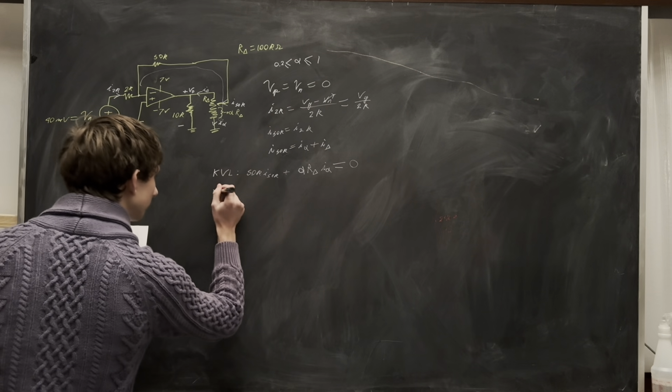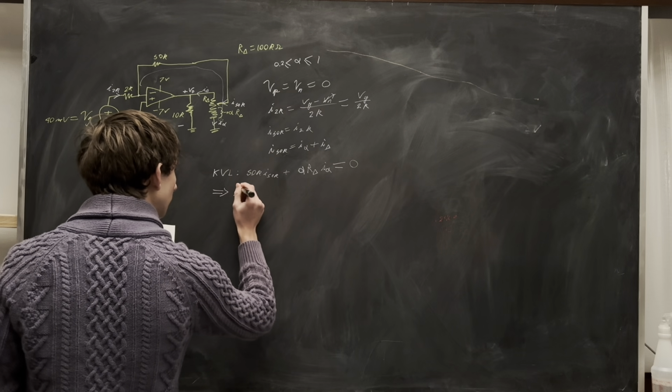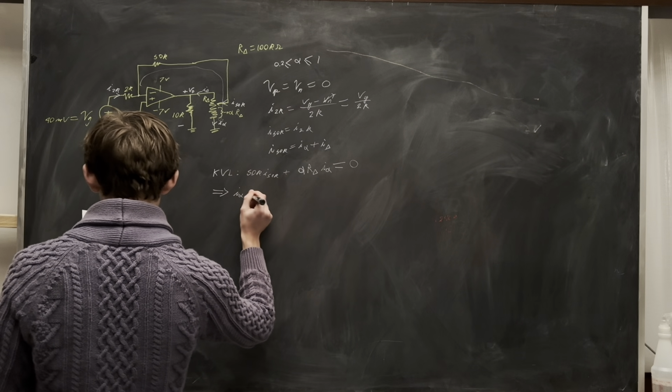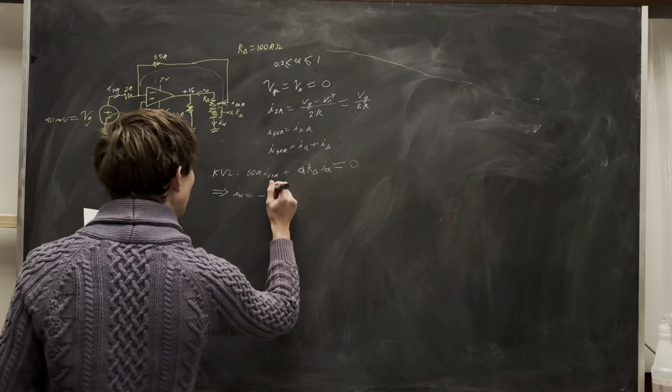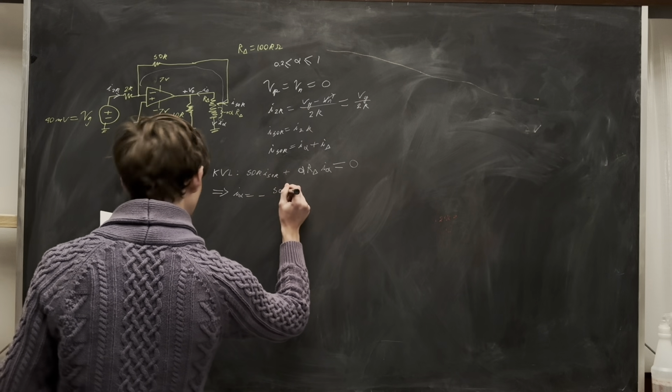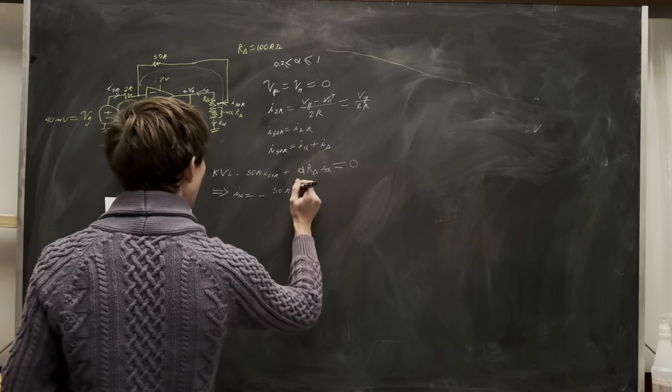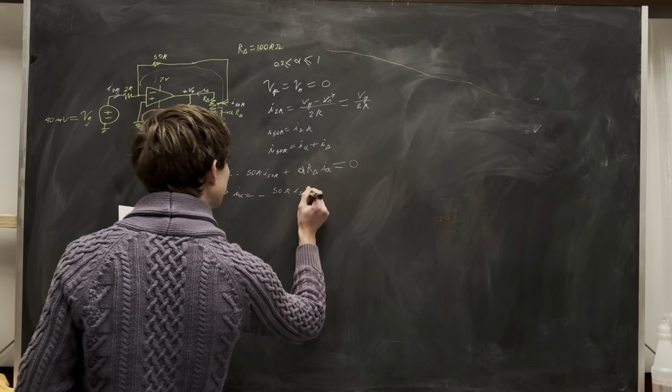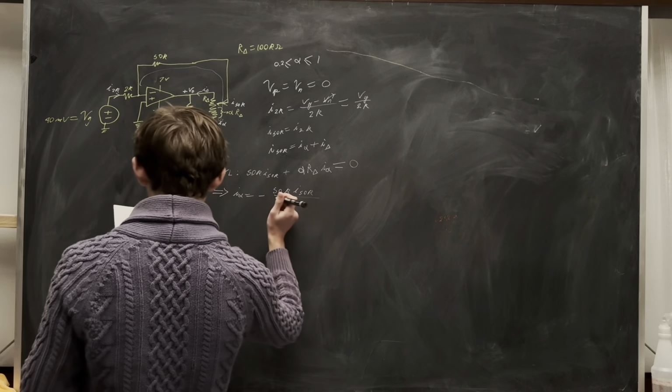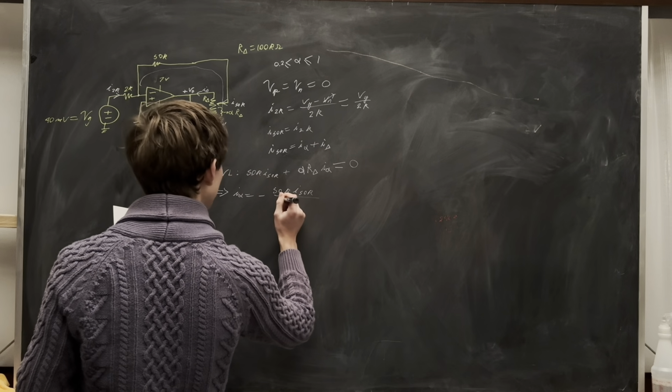So I alpha equals minus 50K times I50K over alpha R delta.